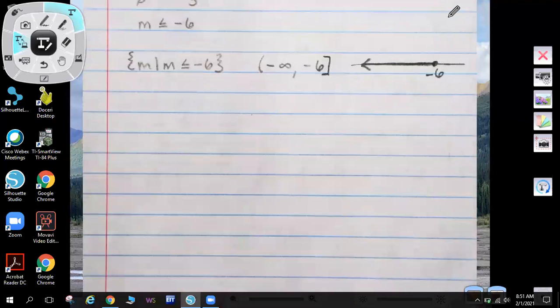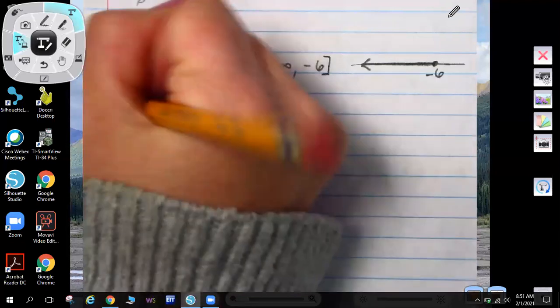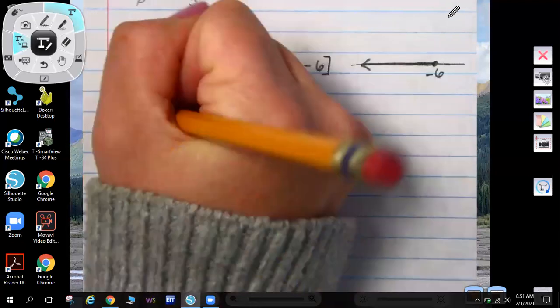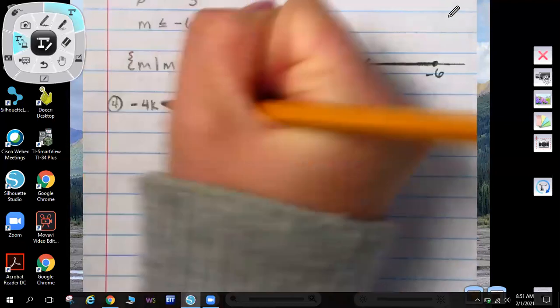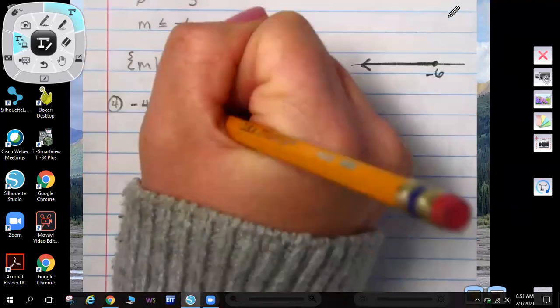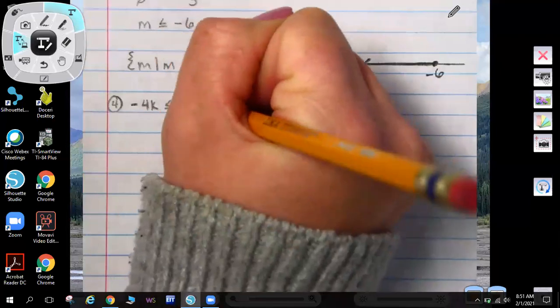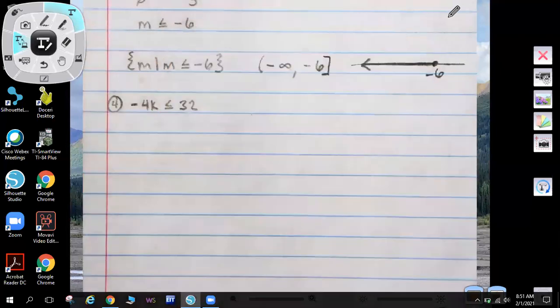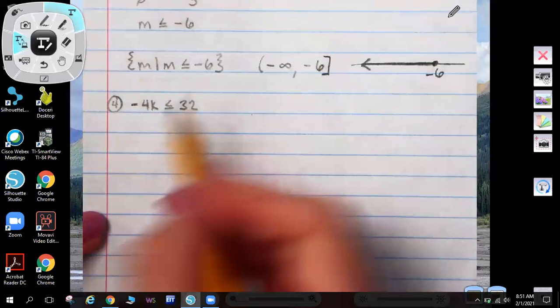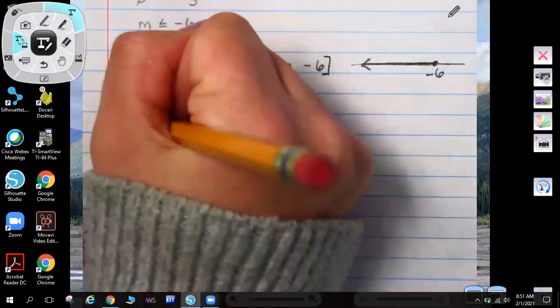Example 4. Negative 4k is less than or equal to 32. Okay, similar to number 3, to get k by itself, we need to divide both sides by negative 4.